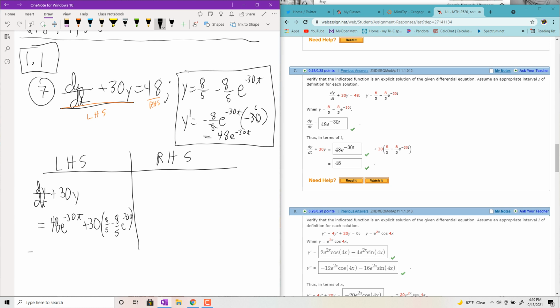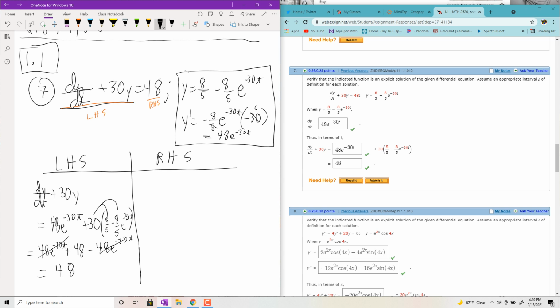I'm going to simplify that. So 48 e to negative 30t plus, distributing, 5 will go into the 30, 6 times 8 is 48, and then minus 48 e to negative 30t. These will cancel, and it will equal 48.